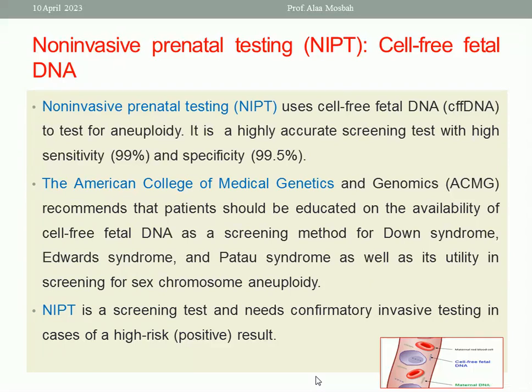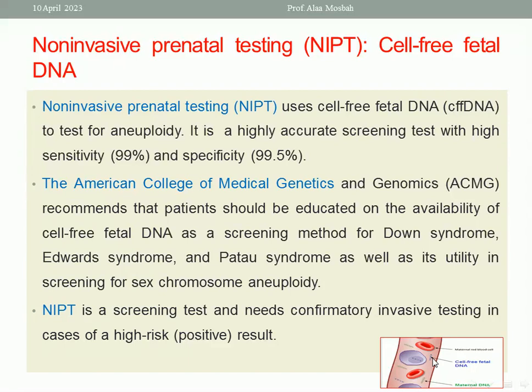Non-invasive prenatal testing is a screening test that needs confirmatory invasive testing in case of high-risk positive result. Okay? As you see in this picture here, this is in blue color or violet color, this is the cell-free fetal DNA. Okay? This is a maternal vessel. This is the maternal DNA. I can differentiate maternal DNA from cell-free fetal DNA.